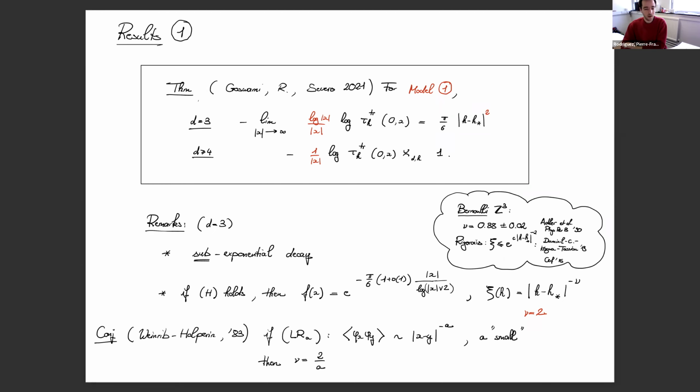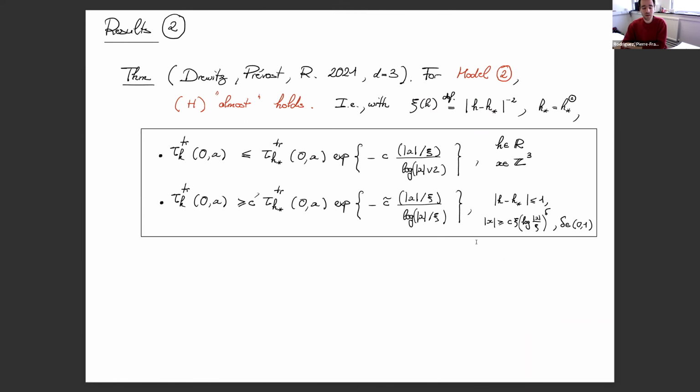Okay, so here is now a model 2 where we can improve on these results even further. This is joint work with Alex Drewitz and Alexis Prévost from last year. I'm still in dimension 3, and what we can say is that for model 2, the scaling hypothesis almost holds. What this means is that with the same correlation length, so it's still h minus h star to the minus 2 as we figured out in model 1, you can prove the following upper and lower bounds.